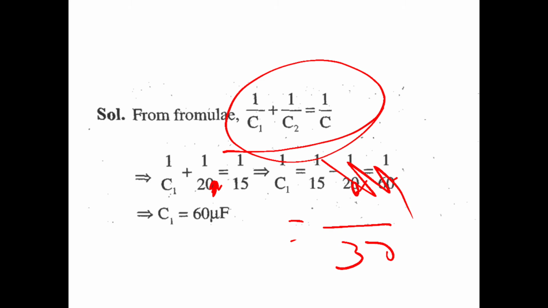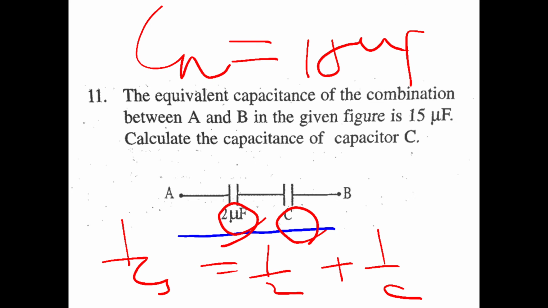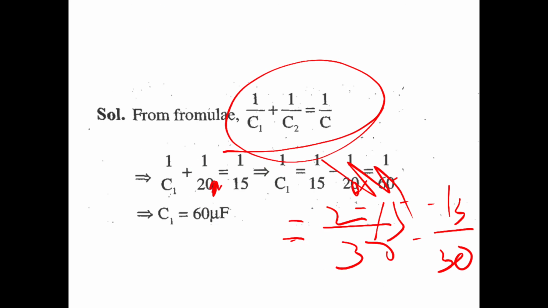I'll calculate this. It is equal to 30. 30 means 2 minus 15, minus 13 by 30. Is it wrong? Okay, the question is wrong. You have to take this as 20 microfarad, then the answer will be correct and simple.